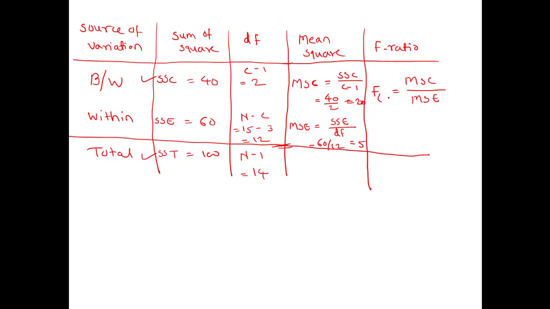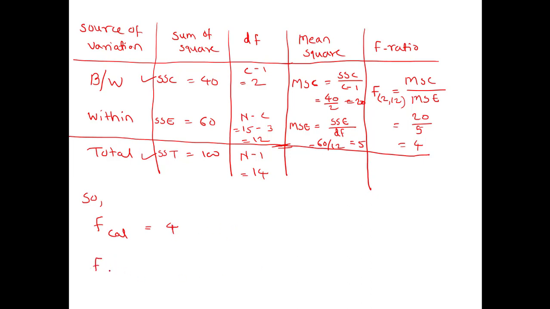Also here, while writing the degree of freedom, the numerator degree of freedom we are going to write it first. So the degree of freedom for this numerator value, means for SSC, is 2. So first we are going to write 2 and then we are going to write 12. If we calculate this, so 20 divided by 5, that is equal to 4. So the F calculated value is 4.